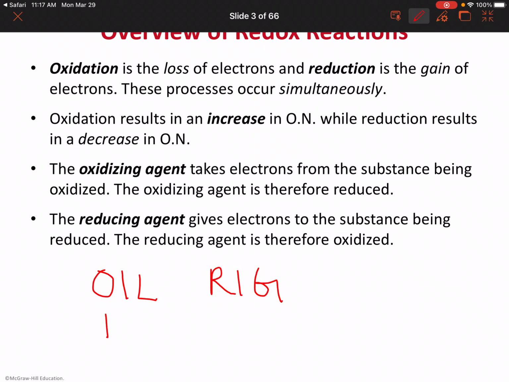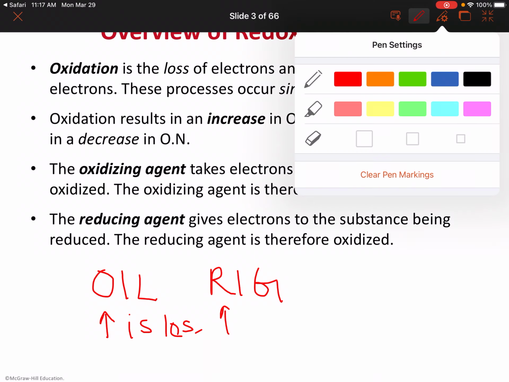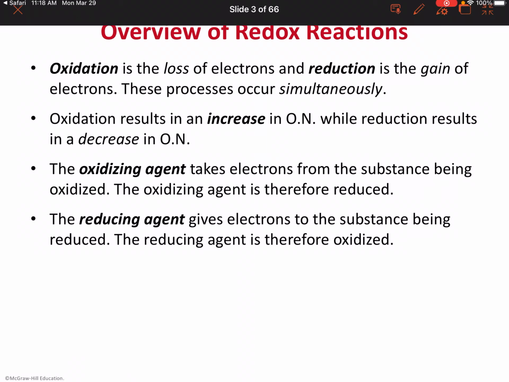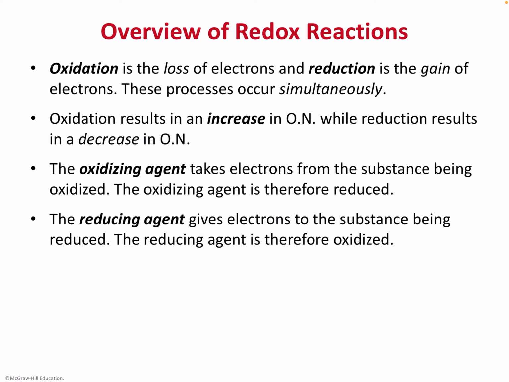Oxidation is loss. And R stands for reduction. Reduction is gain. OIL RIG. If you remember that, you know what's happening in oxidation. In oxidation we are losing electrons, and in a reduction we are gaining electrons. Oxidation is a loss of electrons, reduction is the gain of electrons.